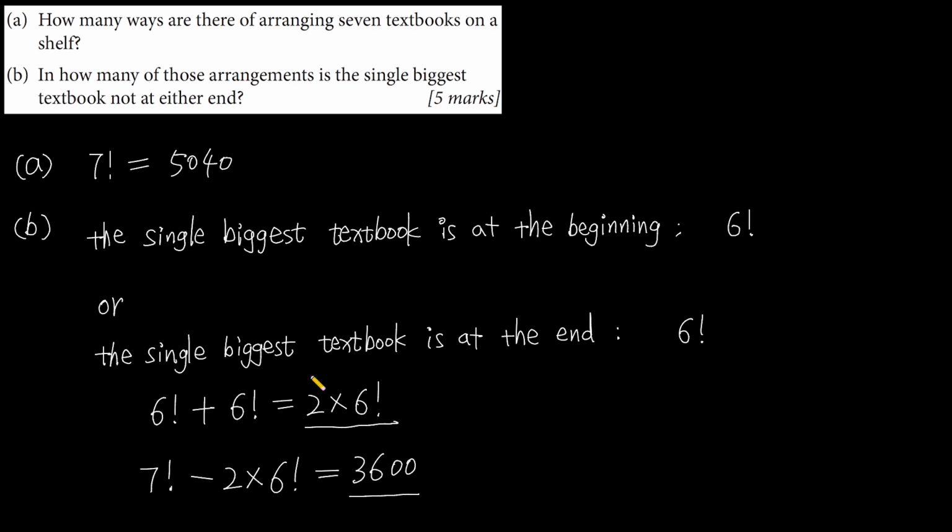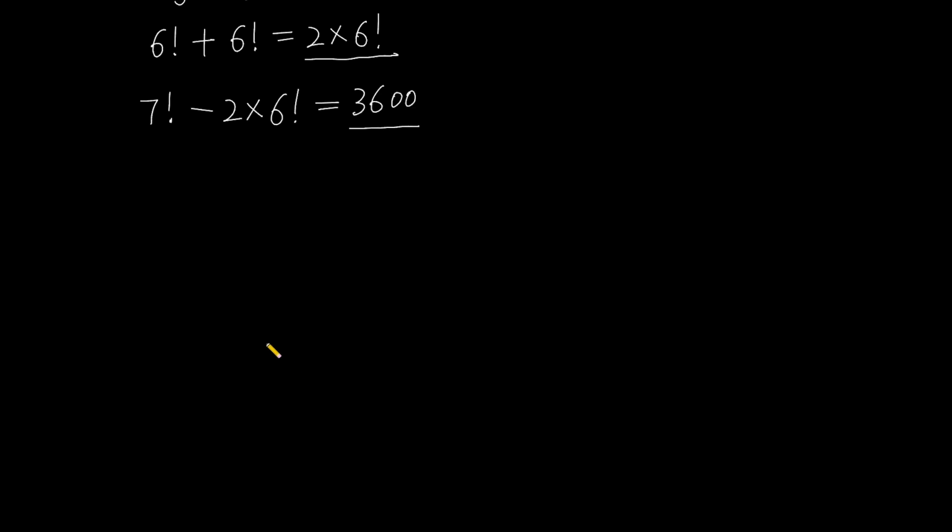Now for question B, we can also think in another way. That is, these are the 7 spots for the 7 textbooks. We can break the process down into 3 steps.